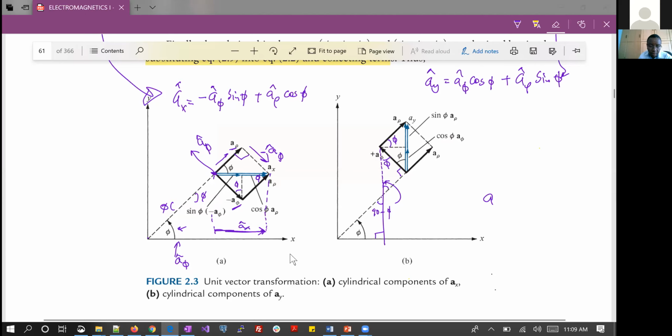It is a bit technical, but you actually see that we can express AX as cos phi A rho minus sin phi A phi. And similarly, you can find AY using another diagram that we have drawn here. Now we want to find this one, I think we can draw it somewhere else that will allow us to have better illustration.